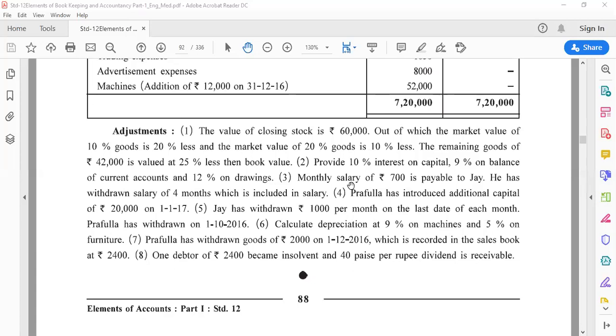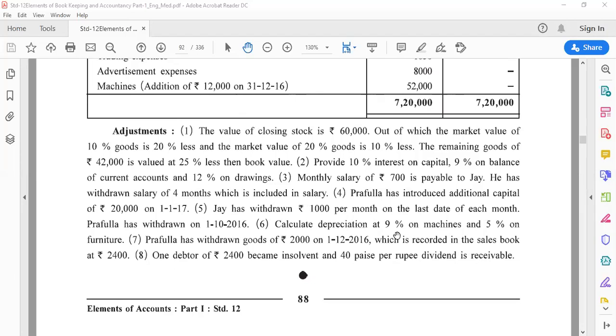Moving towards sixth adjustment, calculate depreciation 9% on machine and 5% on furniture, right? So let's calculate the depreciation on machine first. See, for machine, here you can see total machine 52,000, but one of them is of rupees 12,000, which is added on 31st December. So separate depreciation you have to calculate.